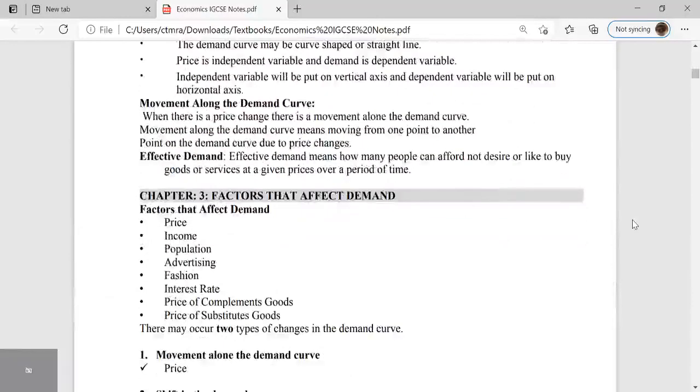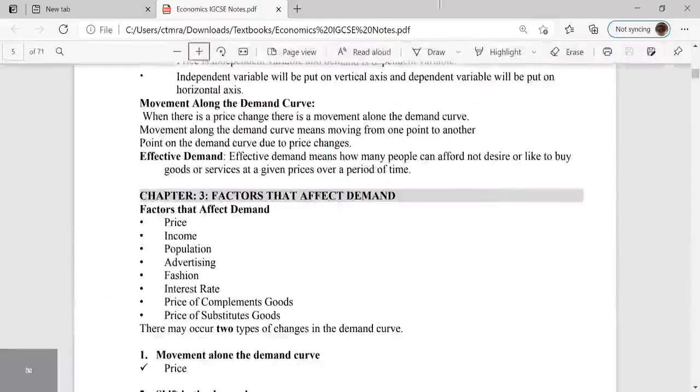So there are two types of change in the demand curve. When there is a change in price, it's known as movement along the demand curve.